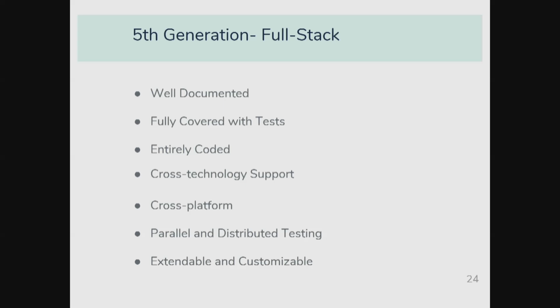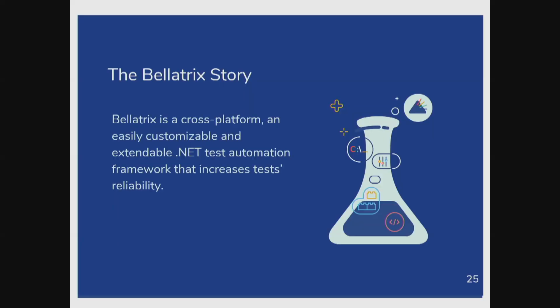I can say that from my experience when in Telerik I had to build a framework that 10 teams had to use. And I can say that different teams had different needs. So you should allow your framework to be extended and customized by the team so that it can fit their needs. So let's begin with the second part.